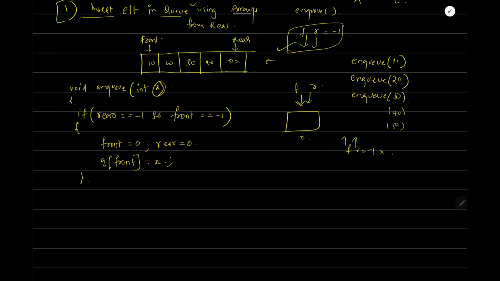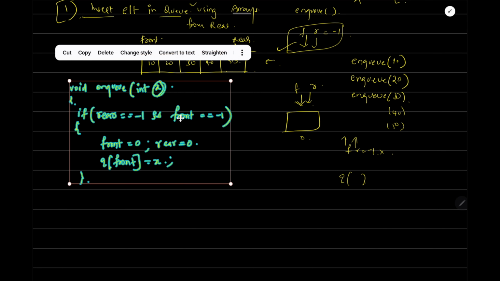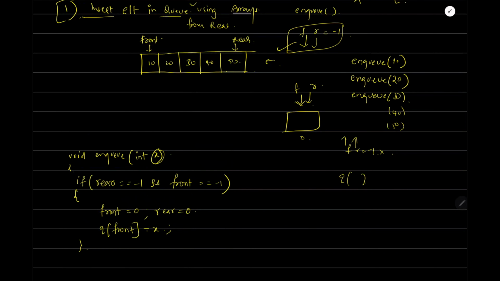Before that, let me initialize some of the global things. One thing is int q of n, where q is an array, because we are implementing the queue using an array.